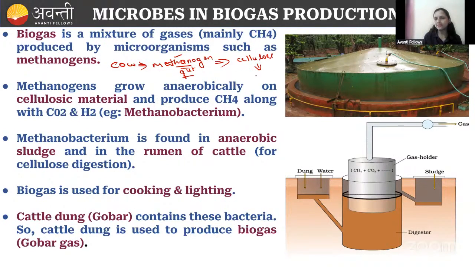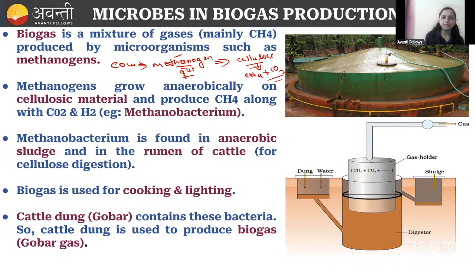They break down the cellulose and produce methane and carbon dioxide. That's why we use the dung, because the dung comes from the cow, and it usually contains these methanogen bacteria.